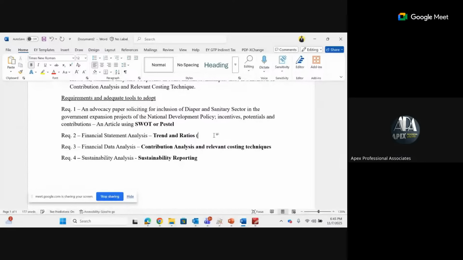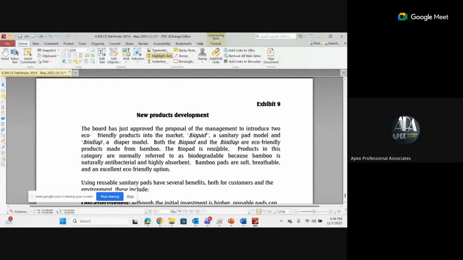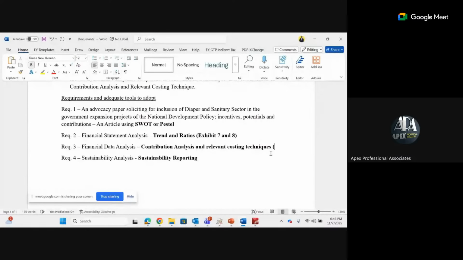So here, Exhibits 7 and 8 is what we'll be making use of for financial statement analysis. Exhibit 9, which is what we are about to read now, this new products development will be useful for requirement 3. That is financial data analysis.